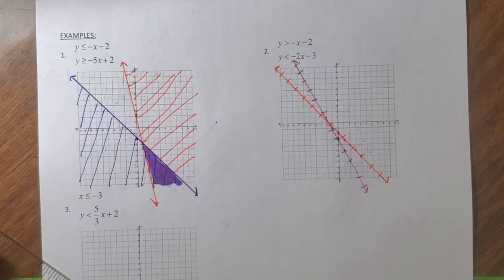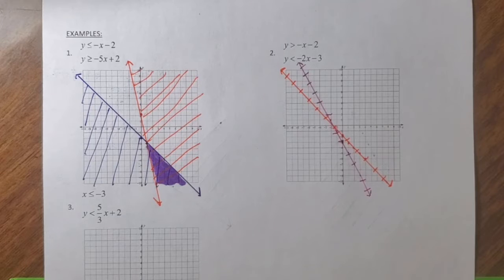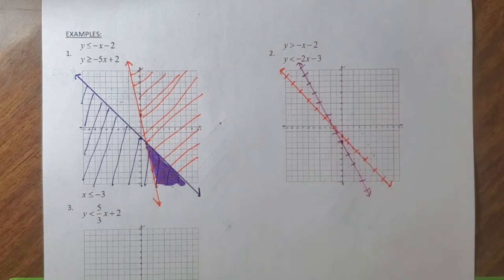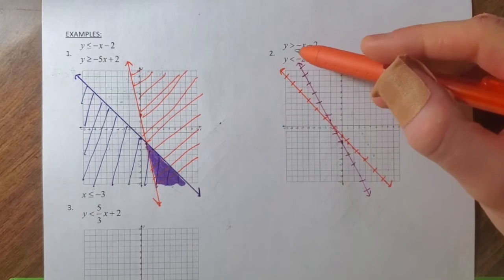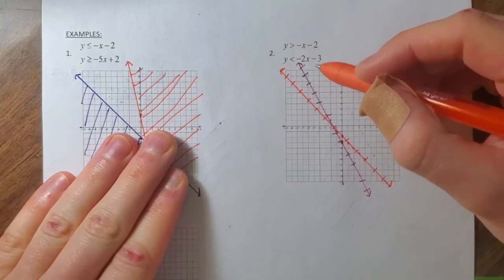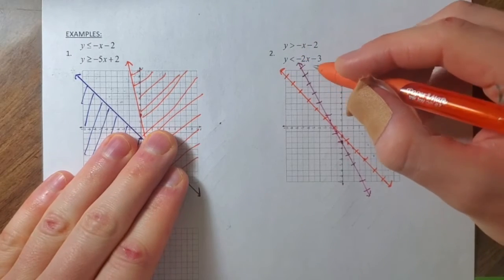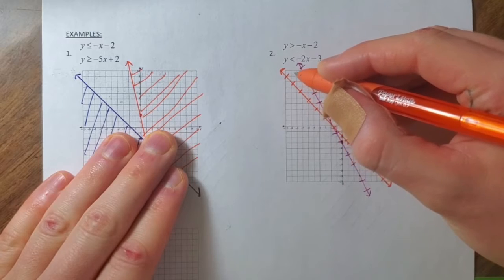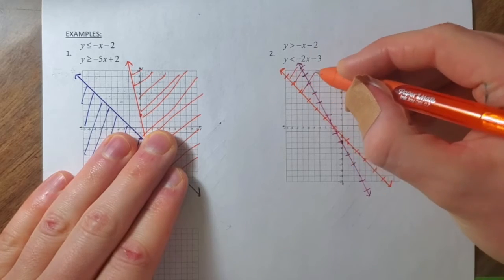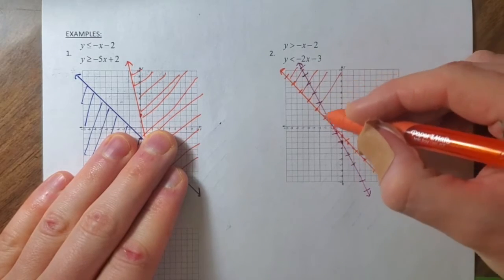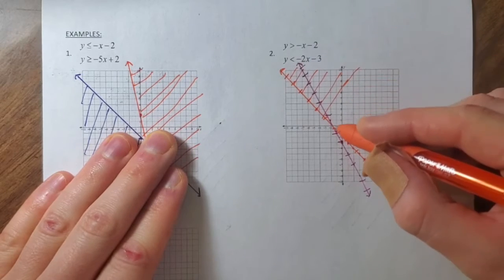So now we have our 2 dashed lines, and we just need to figure out the shading for both of them. So start off with my first one, was my orange line. We said y is greater than negative x minus 2. So that means we want to shade everywhere above our orange line here.